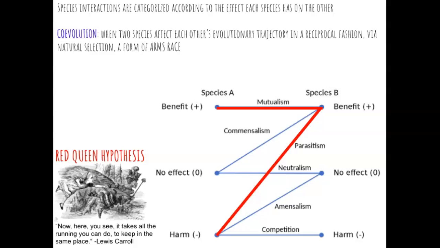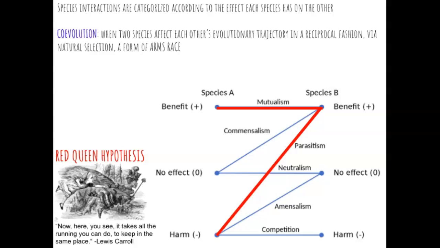So if you think about an example of like a jackrabbit and a coyote, the jackrabbit has to be able to run really quickly to be able to get away from the coyote. So then the coyote evolves to be able to run faster and catch the rabbit. So now the rabbit evolves some sort of evasive maneuvers and things like that to be able to evade the coyote.